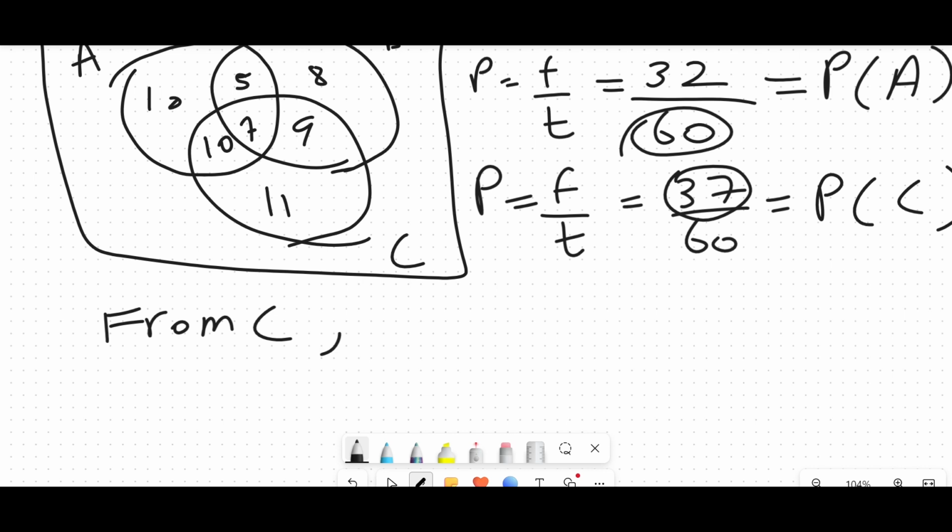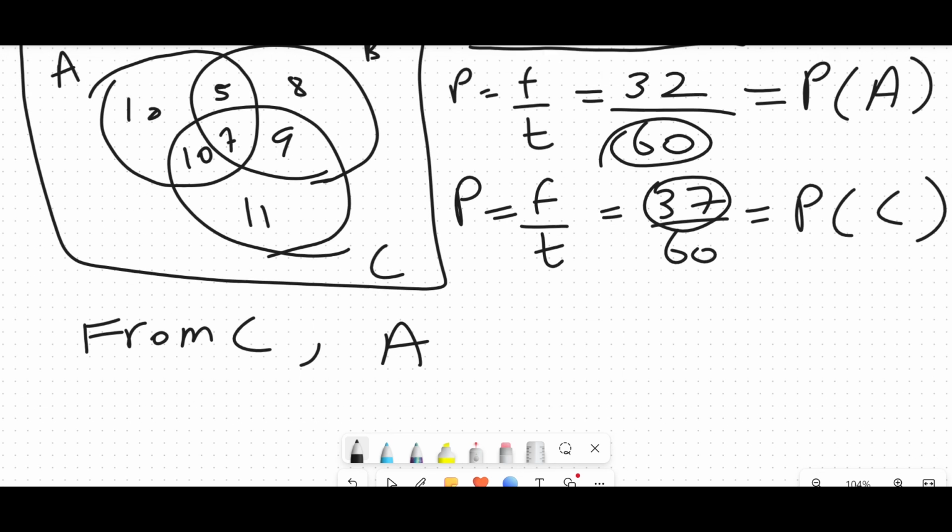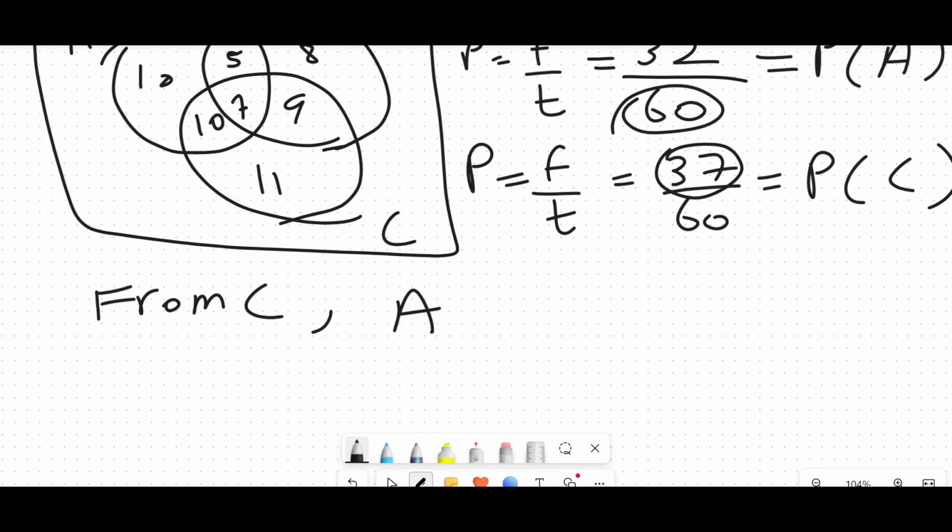Find the probability that the person is also from A. So this probability could be written as P of A given C. This straight line shows that the person is from C, and now the denominator will be the elements of C, so we can say 37.